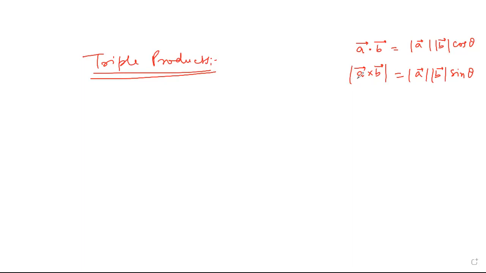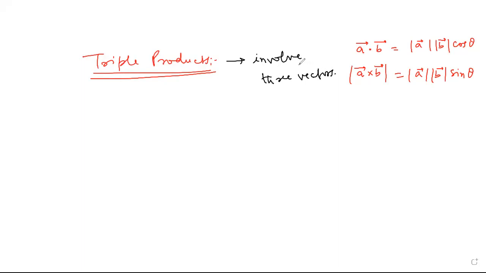Now these two products involve two vectors. In vectors we also define products which involve three vectors. So we call them triple products. These triple products involve three vectors, right?